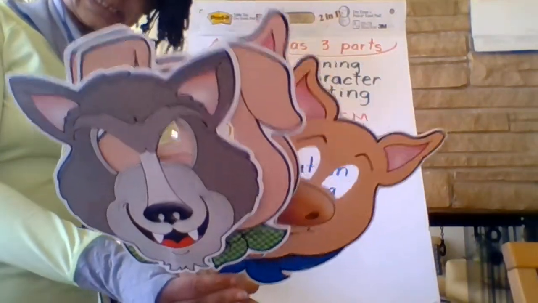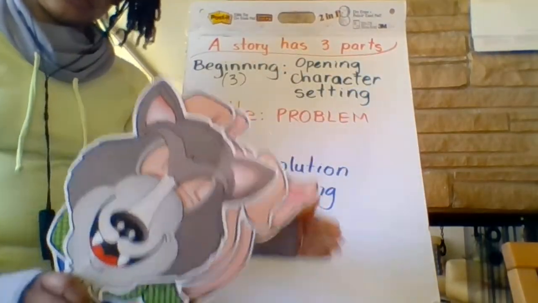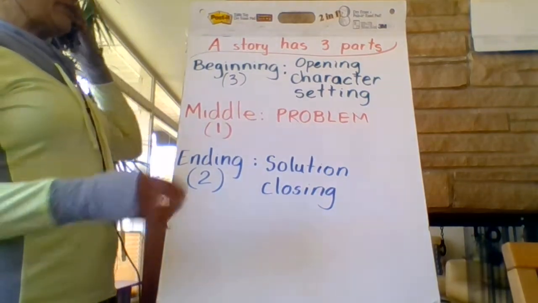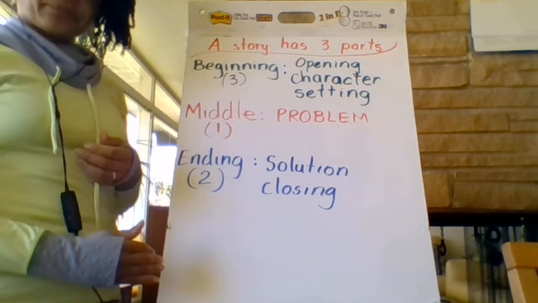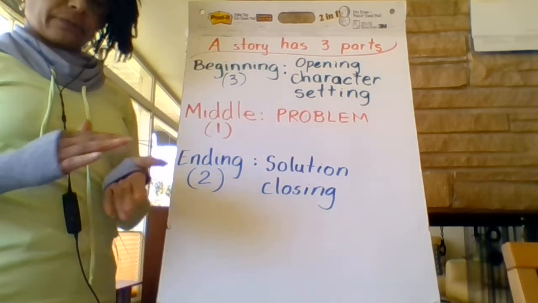Or if you don't have a way of creating this and integrating art with your reading comprehension, then what you could do is just remember the song. And by remembering the song, you could tell all of the parts of the story.